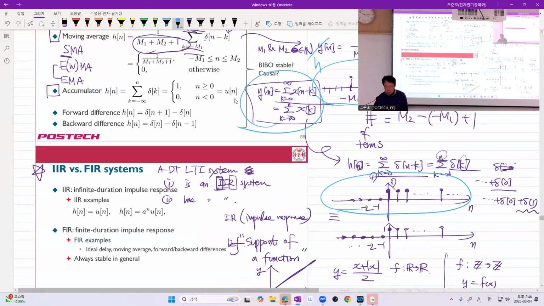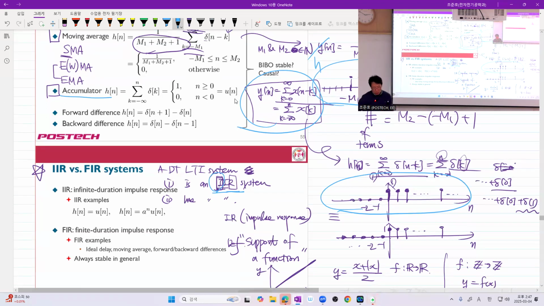So this accumulator as a DT LTI system has an infinite impulse response, and this system is an IIR system. Got it? So here, finite or infinite impulse response does not relate to the value of the impulse response, but to the size of its support.